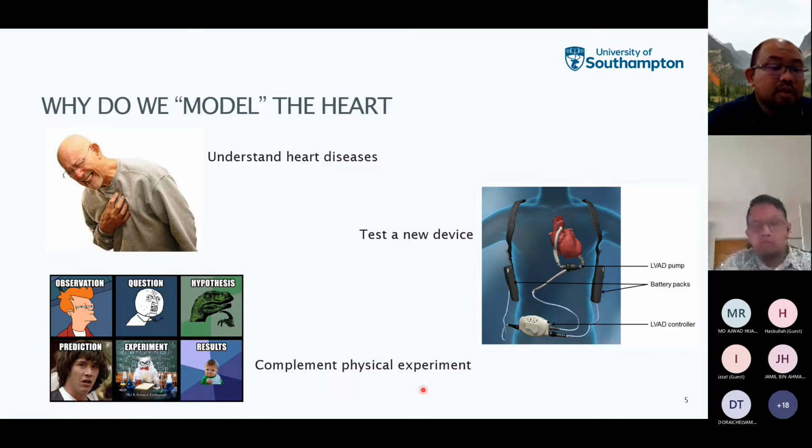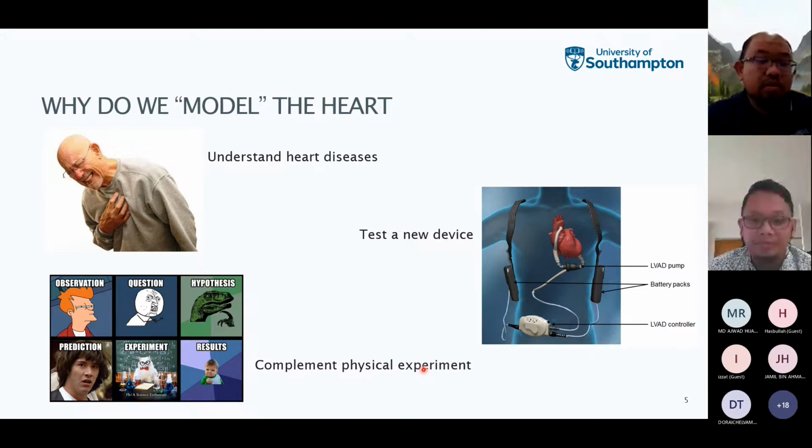And of course, we want to do some experiments. Physical experiments are important, but in some cases, you can't actually experiment. For example, if you want to look at the actual stresses within the heart wall, that will be very difficult to do through experimentation.